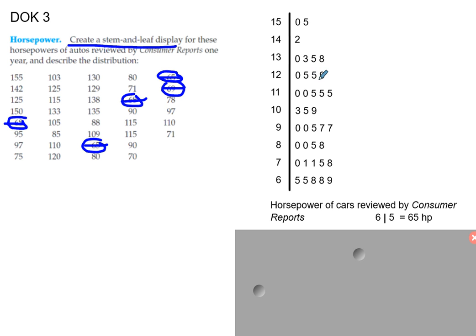It probably wouldn't change much by way of our conclusions, but it actually might, because it might make it a little more tricky, right? Because when it says describe the distribution, remember, we always want to talk about GSOCS, right?